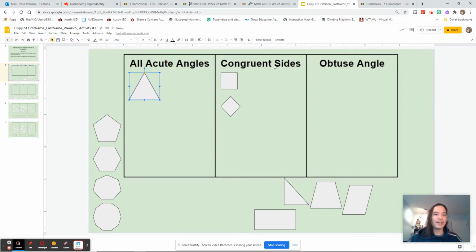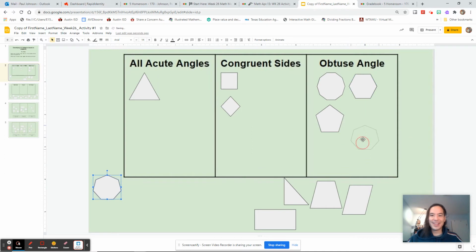I'm going to put this over here on all acute angles because this is one of the only shapes that I see that has all acute angles. This one looks like it's got some obtuse angles. This one also looks like it has obtuse angles, and so do these. So I'm guessing they want us to put the obtuse angles over here.